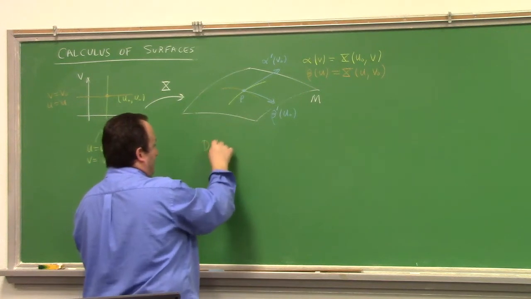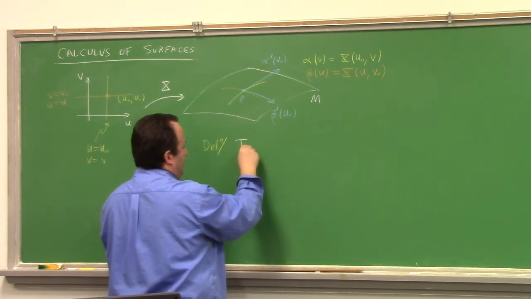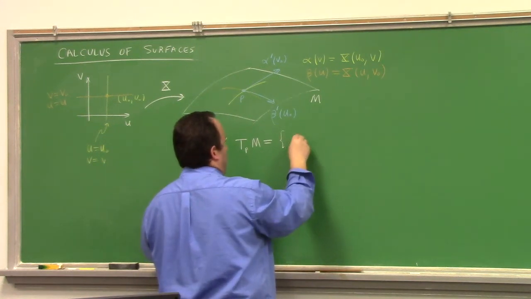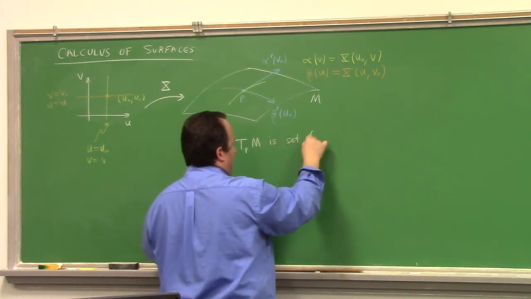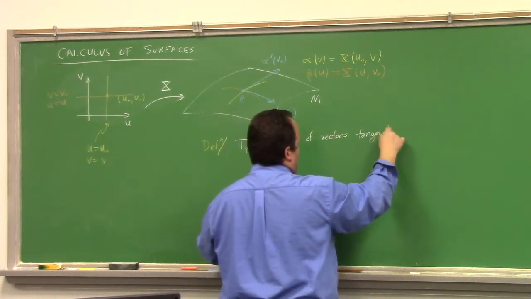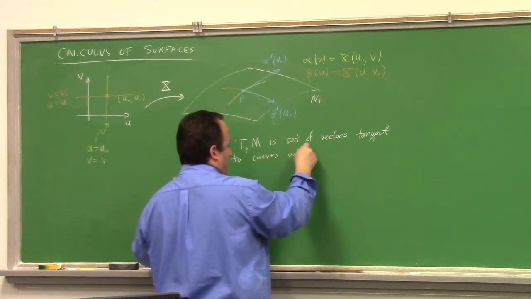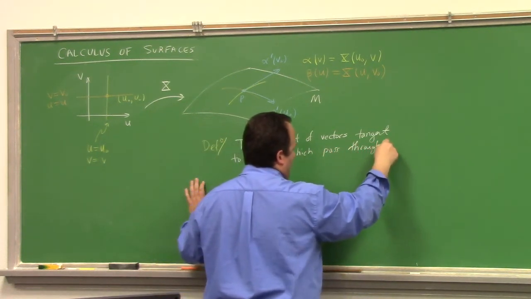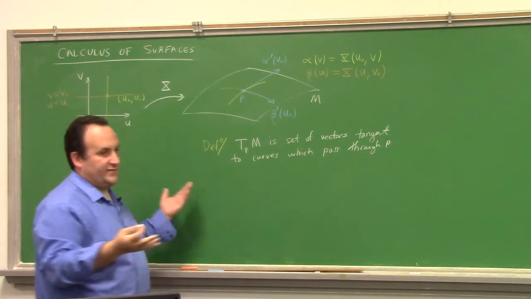So, definition, actually. The tangent space to M at P is going to be the set of vectors tangent to curves which pass through P. And that's not quite good enough, because I'm not just talking about any old set of curves in R3.